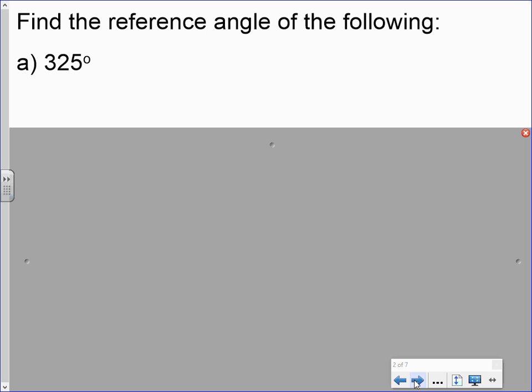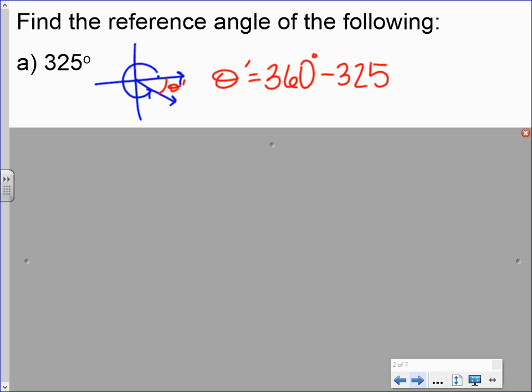Go ahead and graph the angle 325 degrees. Eli, which quadrant? 4. Okay. And how would we calculate the reference angle? 360 minus 325, which would be how many degrees?